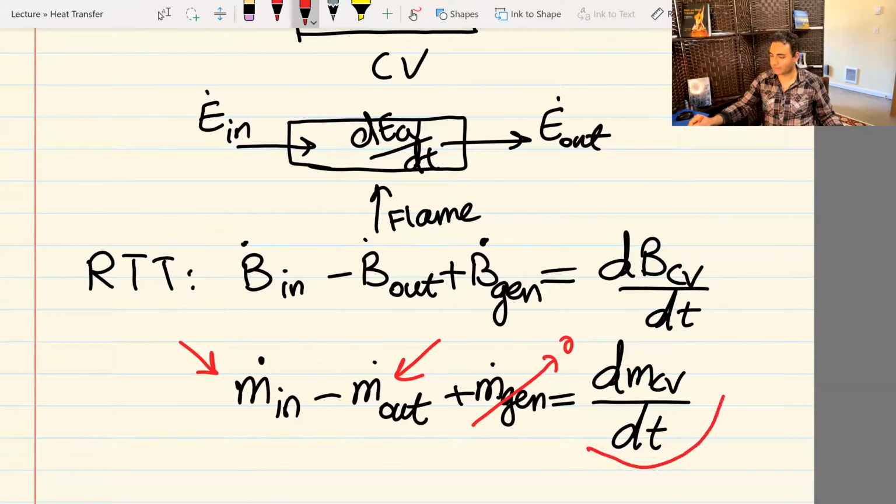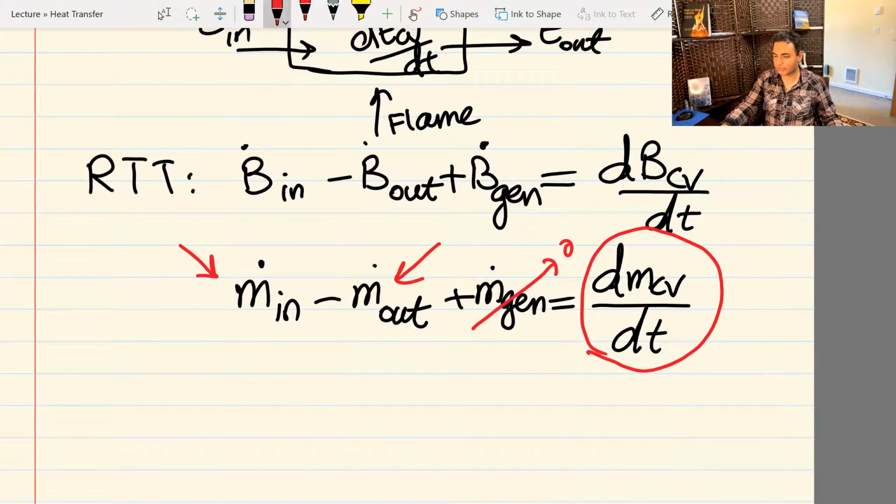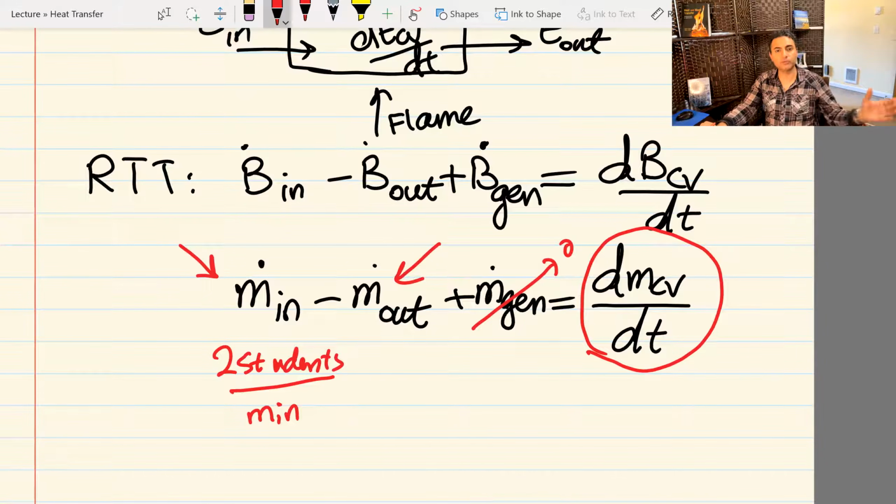And then this dm CV over dt is the rate of change of the number of students in the classroom. How does that work? Let's say I have 2 students per minute walking in. So every minute, 2 students walk into this classroom from the door. Also, every minute, 1 student walks out of the door. No students get generated in the classroom.